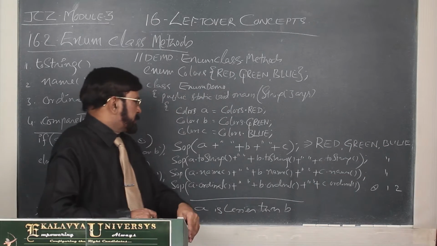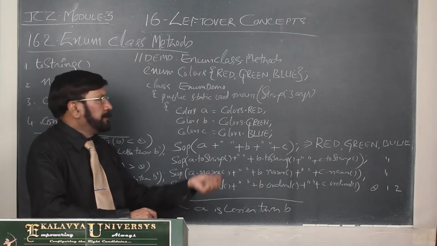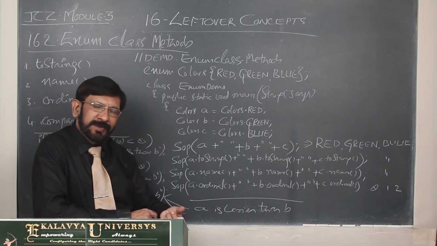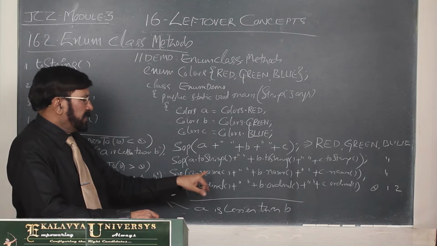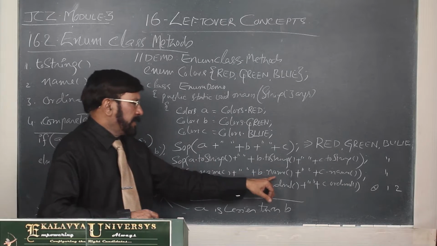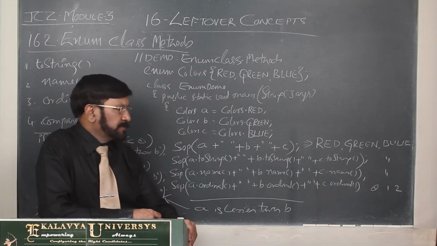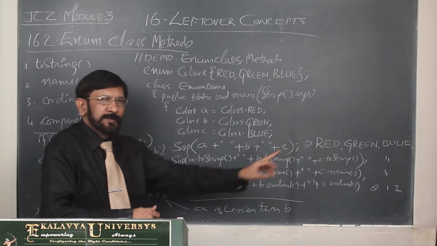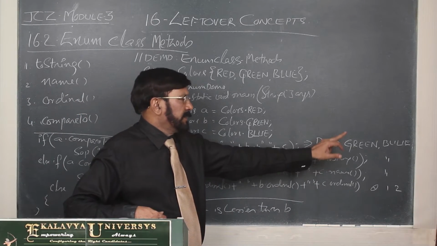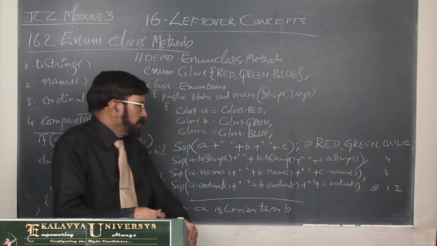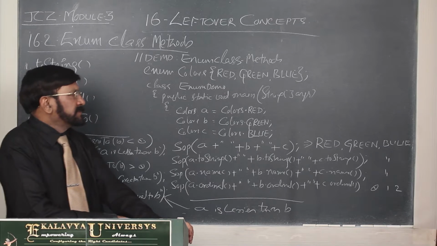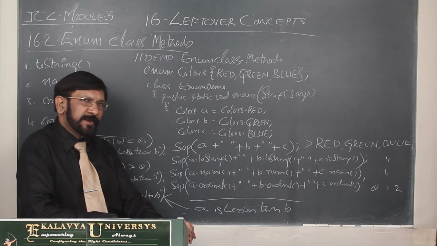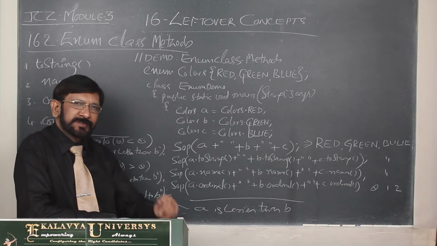Okay. Next, another SOP: name. Whatever name you have given, that name is printed. For that purpose, we call the A.name, B.name, C.name methods. Again, you can find the same result, red, green and blue. Thereafter, ordinal. Ordinal means, like in arrays, how an index is given to array elements.